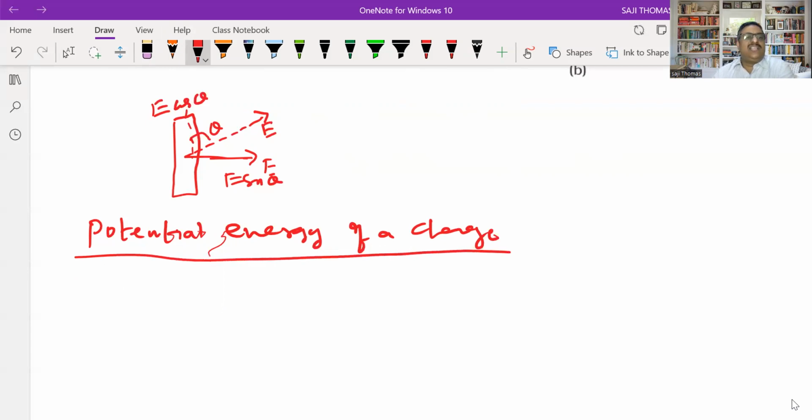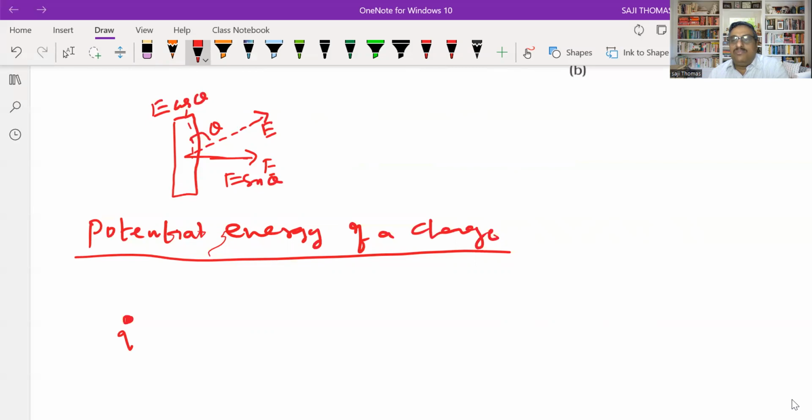See, when you consider a charge Q, you all know surrounding the charge there is an electric field. Okay? What is the meaning of that electric field? If we move any other charge towards it, that charge will experience a force. So to move another charge in the field of this charge, we need to do some work.